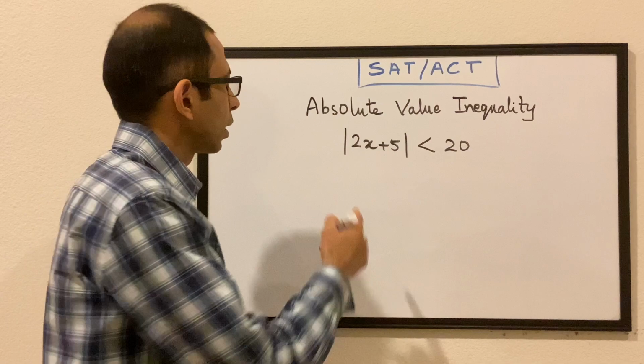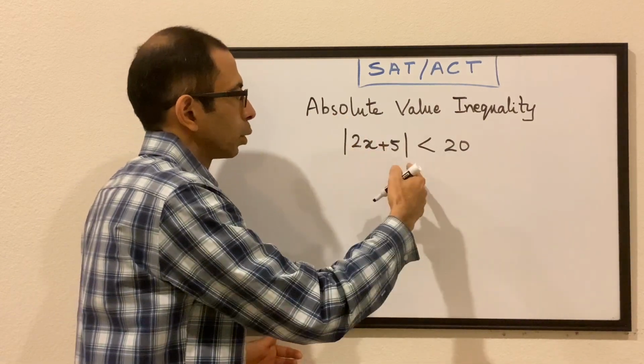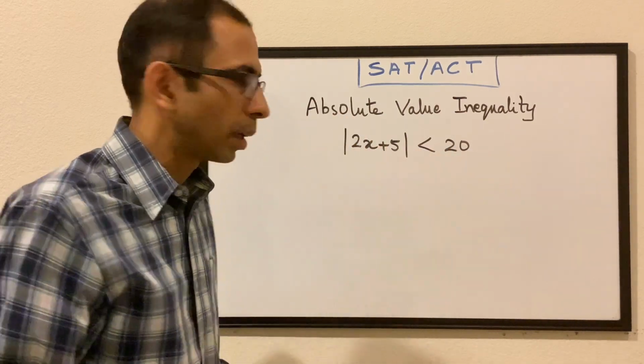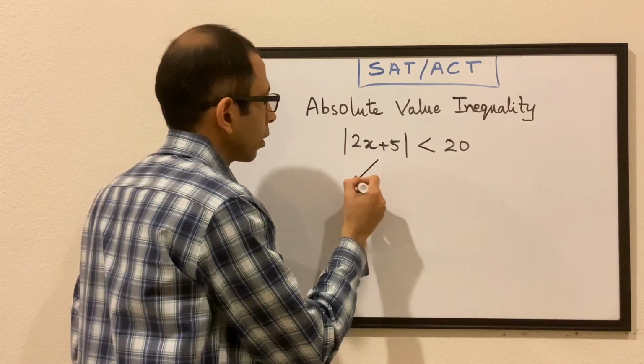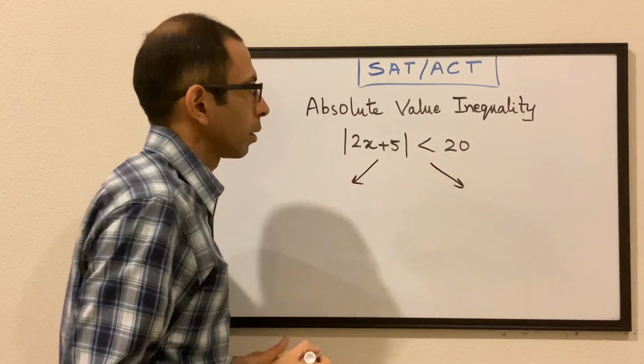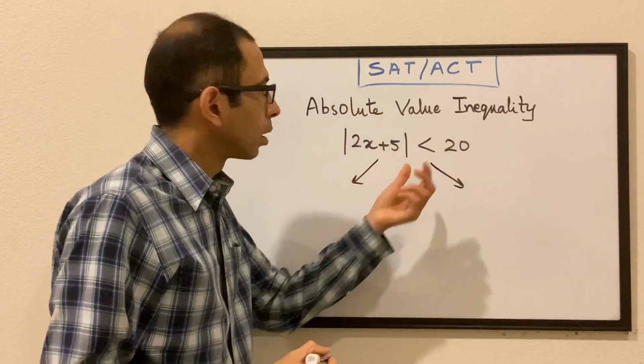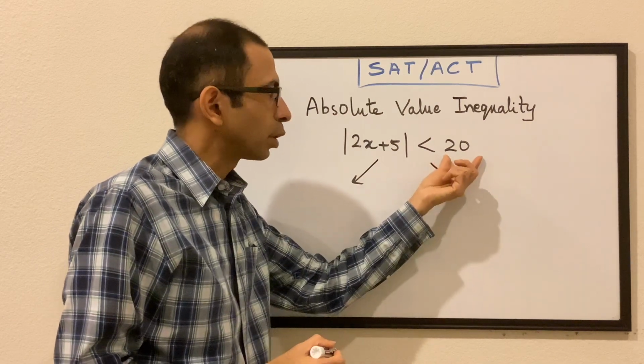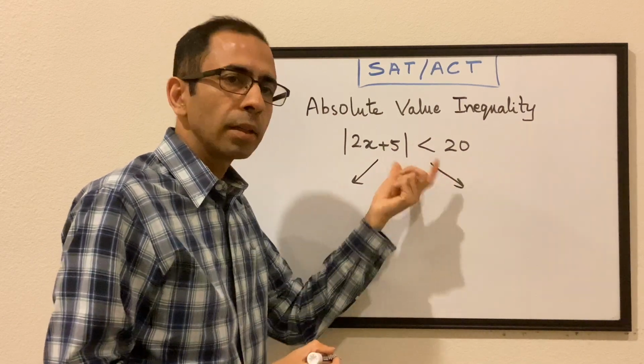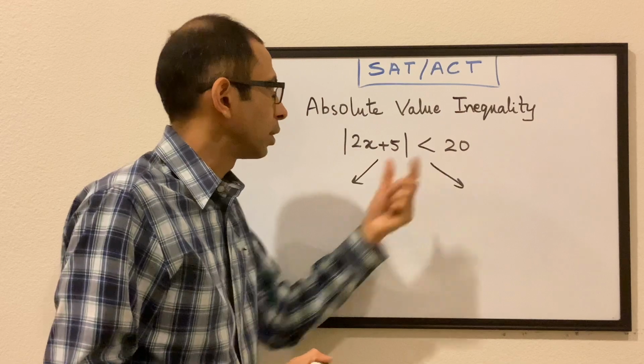Something like the absolute value of 2x plus 5 is less than 20. What do we do here? We make two scenarios. In one scenario we take the positive value of this number, and in the other scenario we take the negative value of this number.